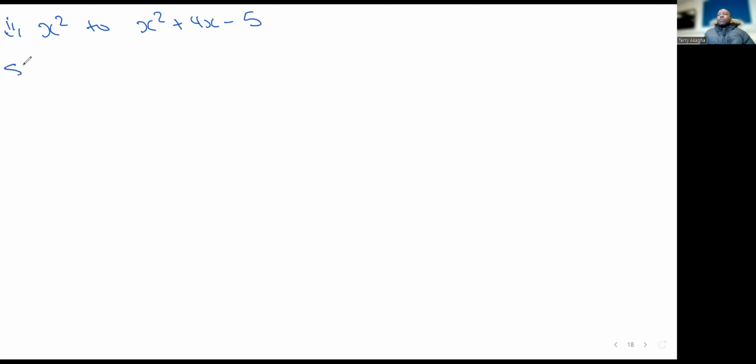So step 1, we have to write it in complete square form. So we have x squared. So it's going to be x plus 0 squared plus 0, okay? That is that.